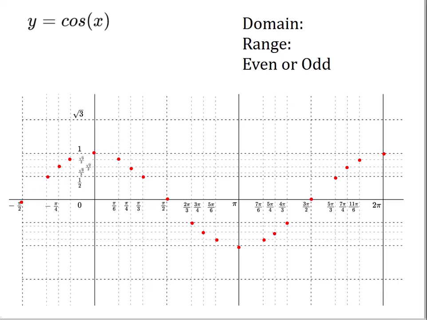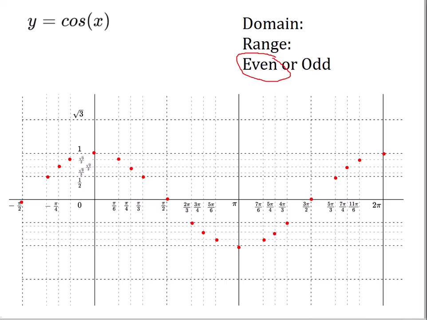If you remember back from early in the year, when the same positive x values and the same negative x values have the same y values, that means that this function is going to be an even function.